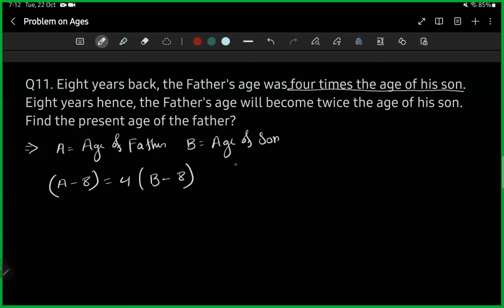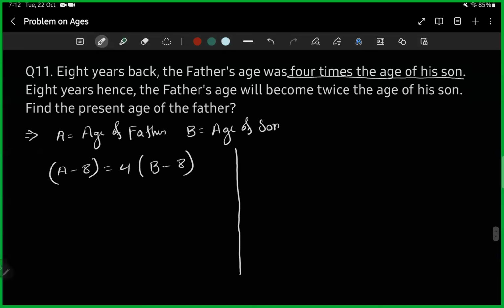Before I do the further steps, let us write the second condition as well. 8 years hence, as in 8 years into the future.